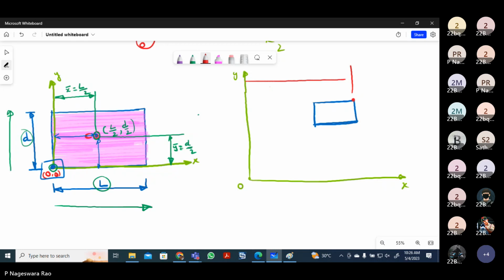This distance, for example, let us say 100. Similarly, this corner from the y-axis, we assume 60 mm.